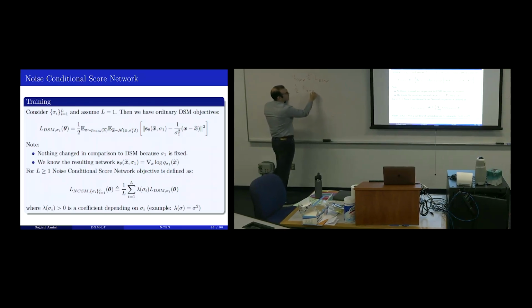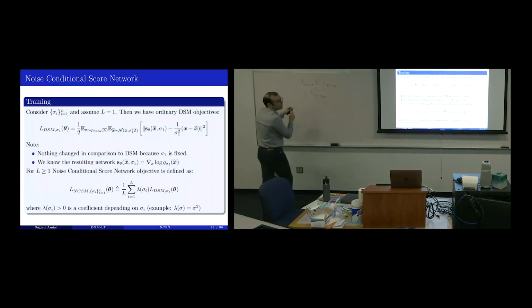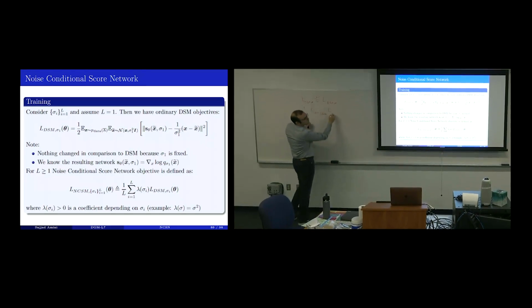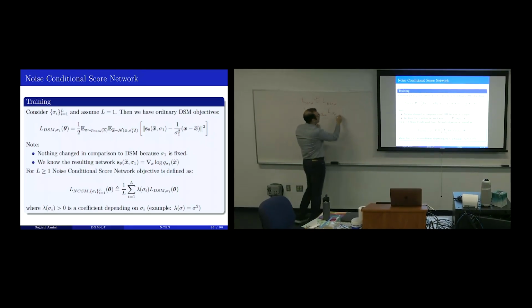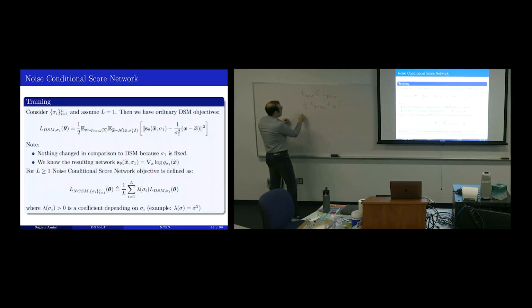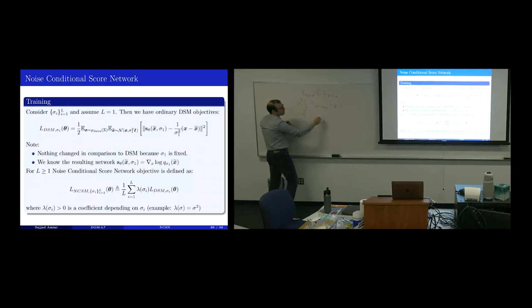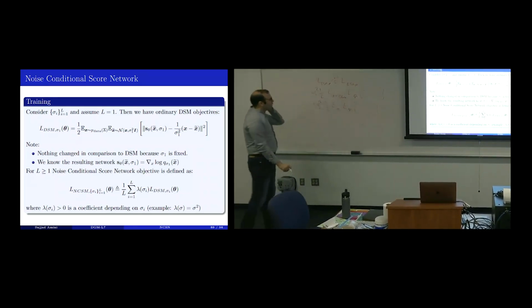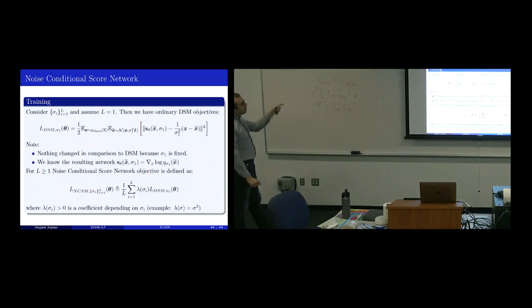The expectation over x from p_data, plus, here for example, I use sigma_1 to the power of 2. Sorry, this is sigma_1 to the power of 2, and this is sigma_2 to the power of 2. One over 2, expectation with respect to data, expectation with respect to noisy data, and this function. I want to optimize this objective.